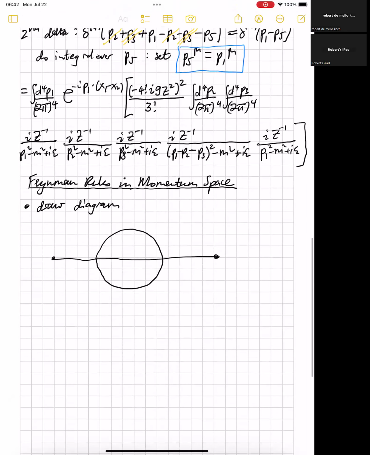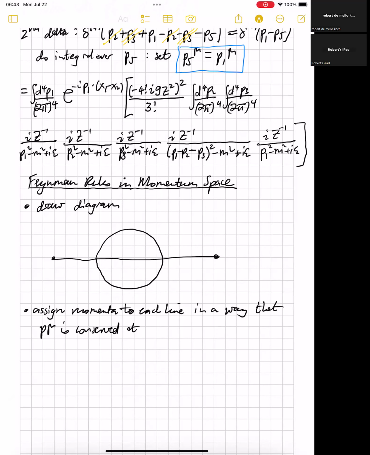Then you assign momenta to each line in a way that p^μ is conserved at each vertex.